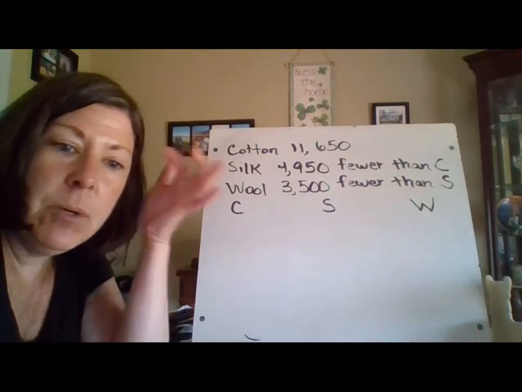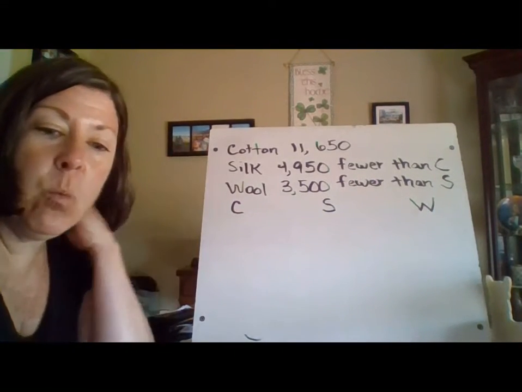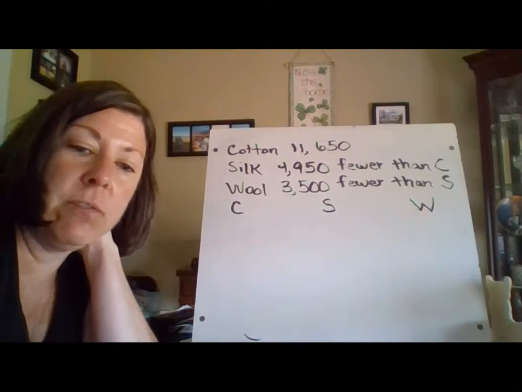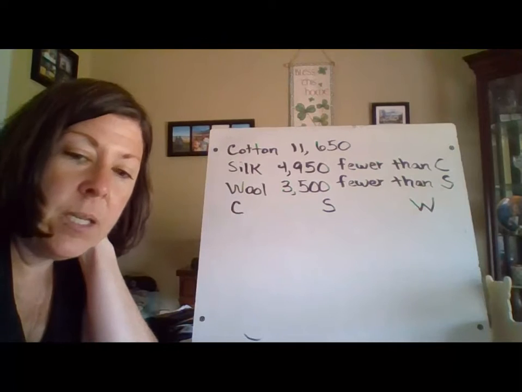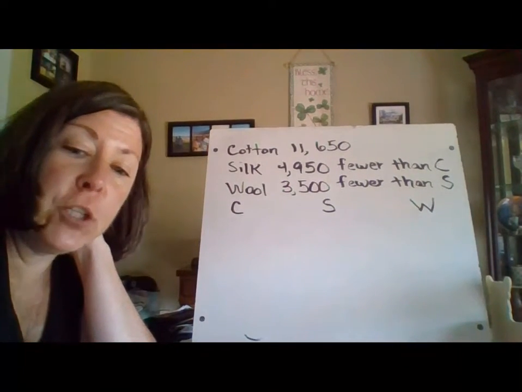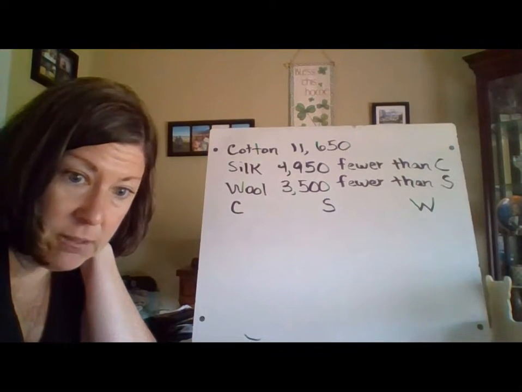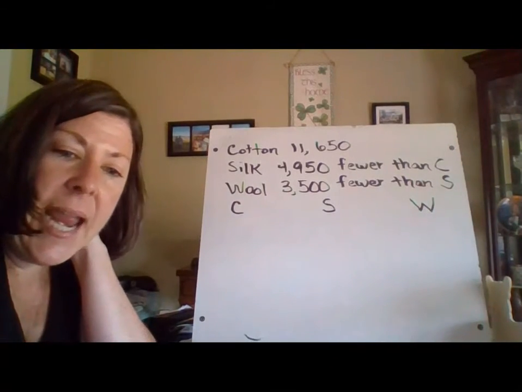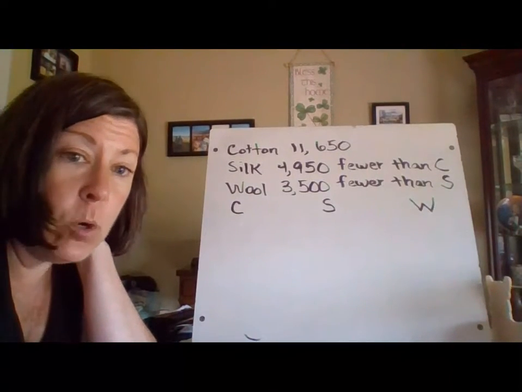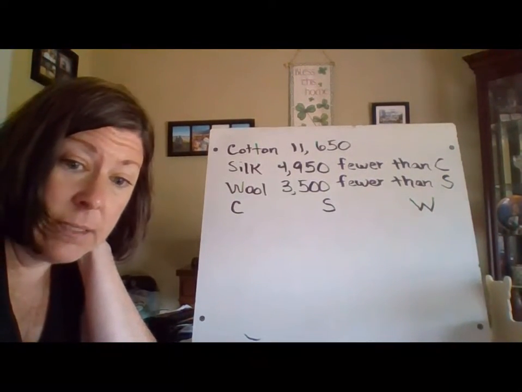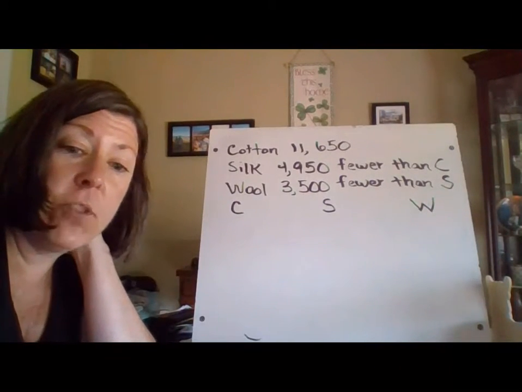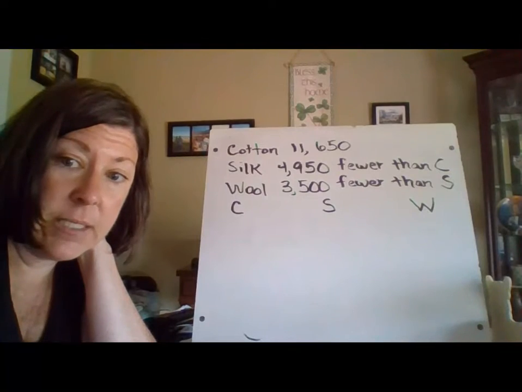Number 1 reads, in 1 year, the factory used 11,650 meters of cotton, 4,950 fewer meters of silk than cotton, and 3,500 fewer meters of wool than silk. How many meters in all were used of the 3 fabrics?